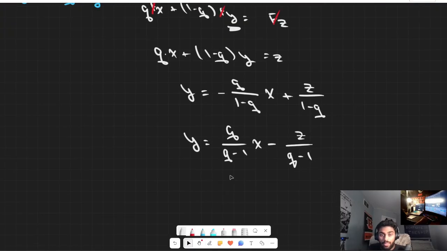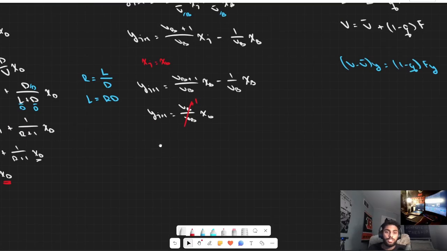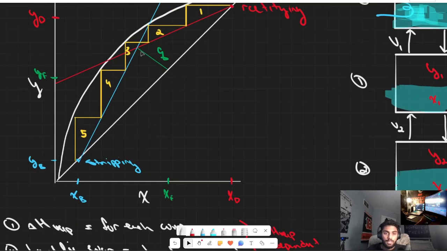So now we have a third governing equation for our Q line, which is this line over here.